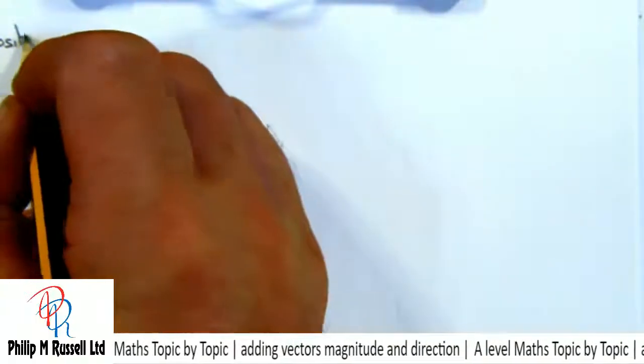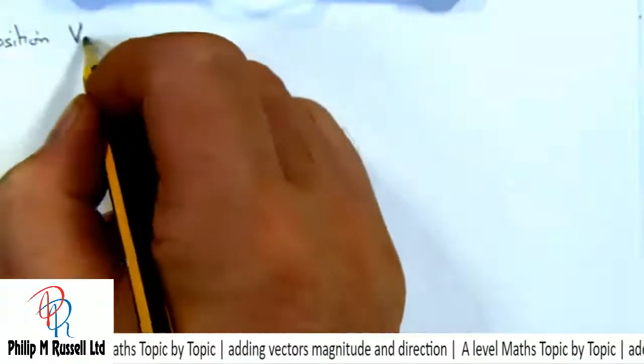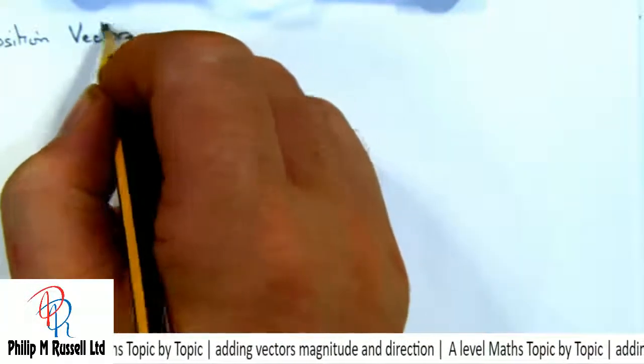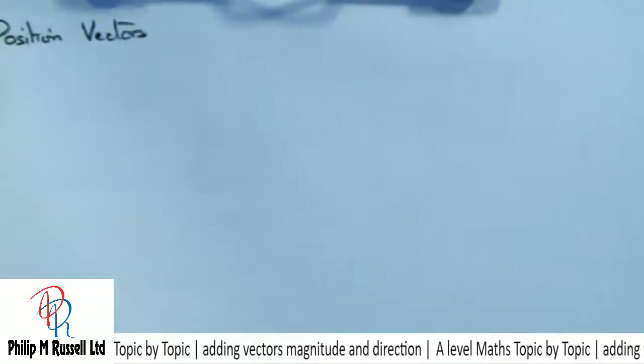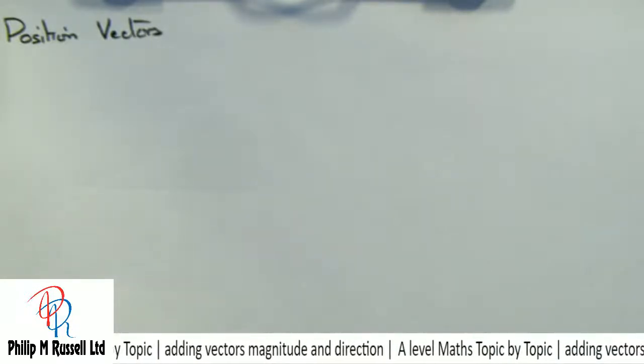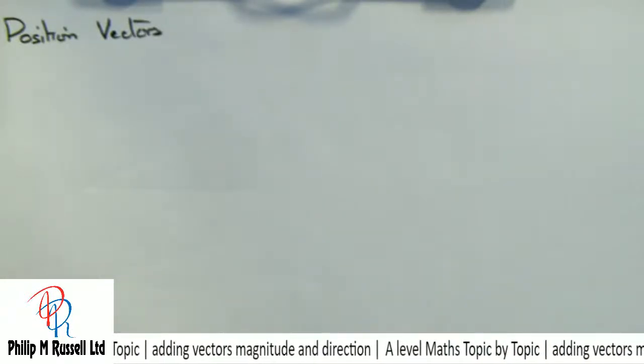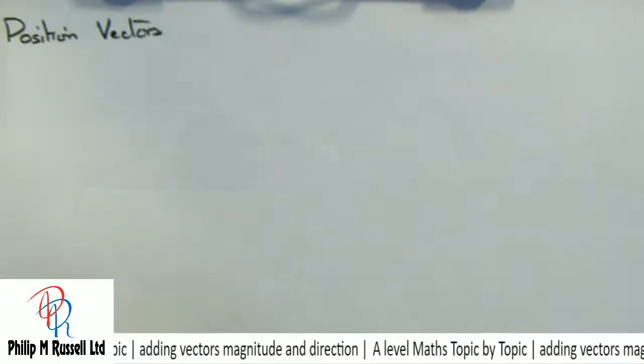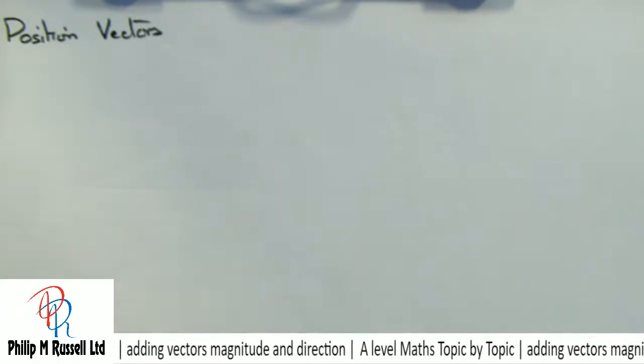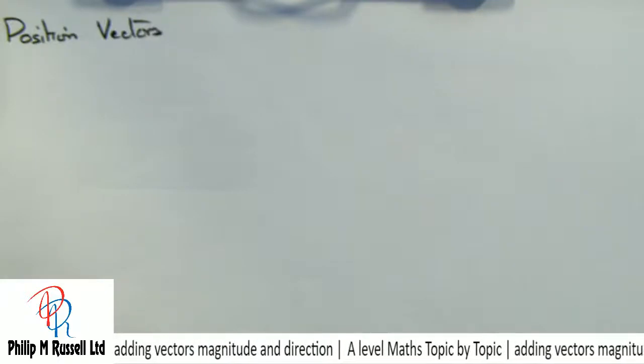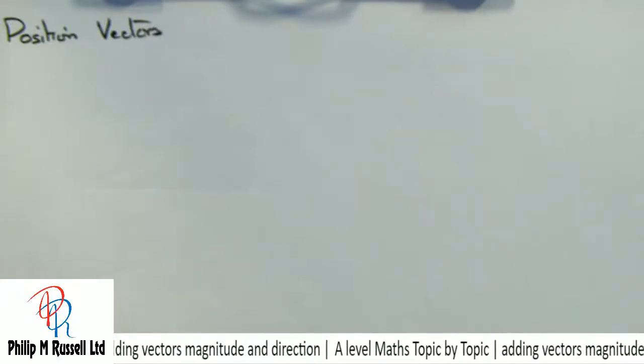Well, we can look at position vectors. Okay, so let's look at what is a position vector. These are vectors that give the position of a point relative to a fixed origin.